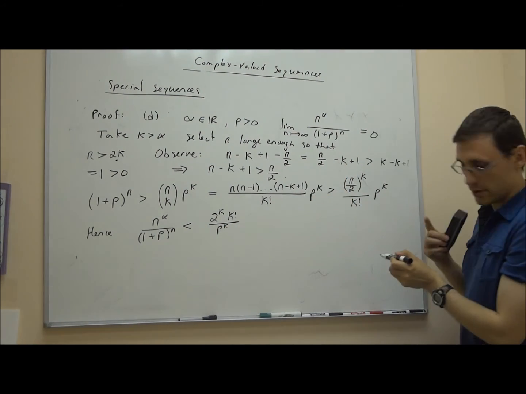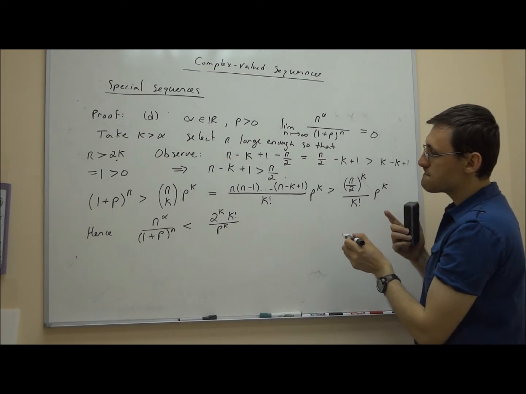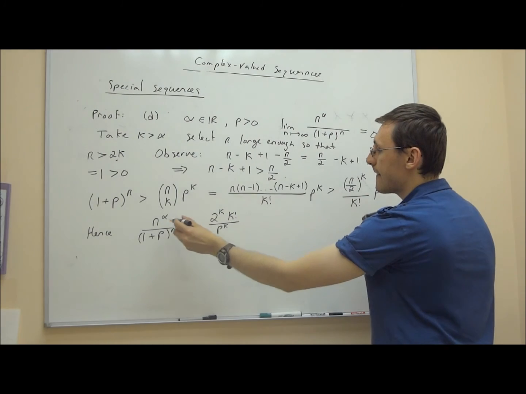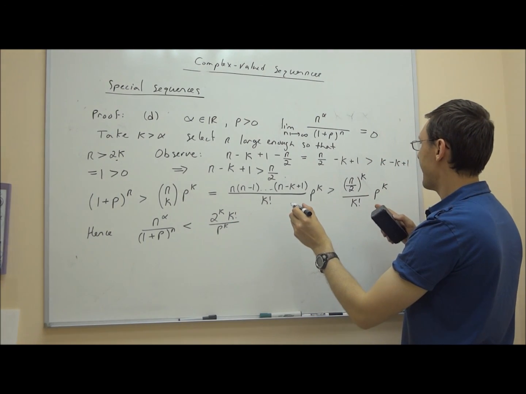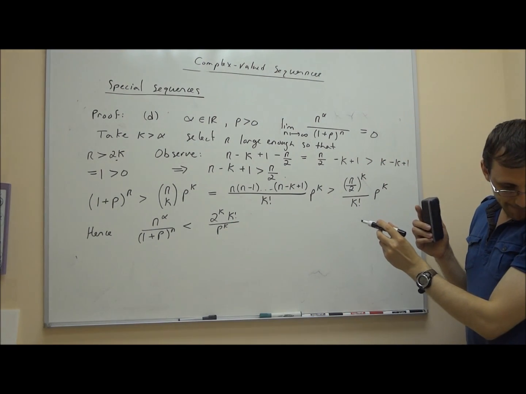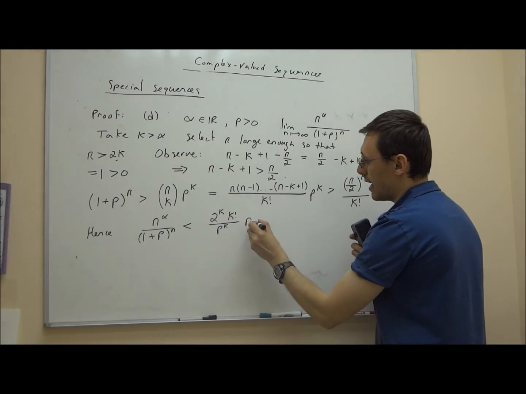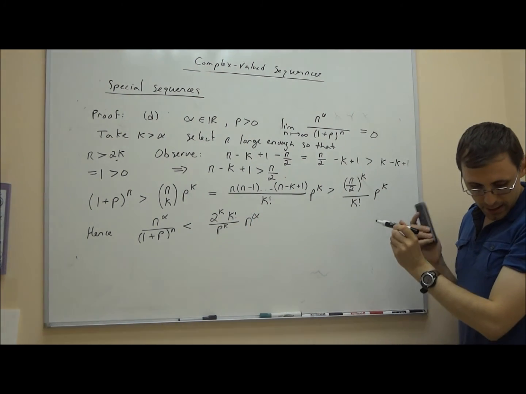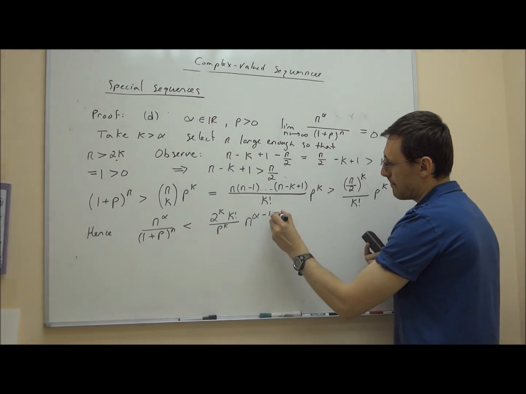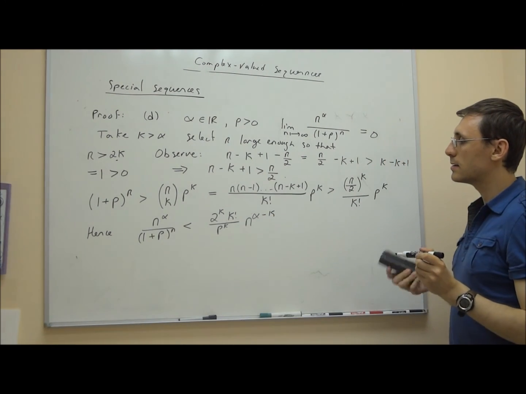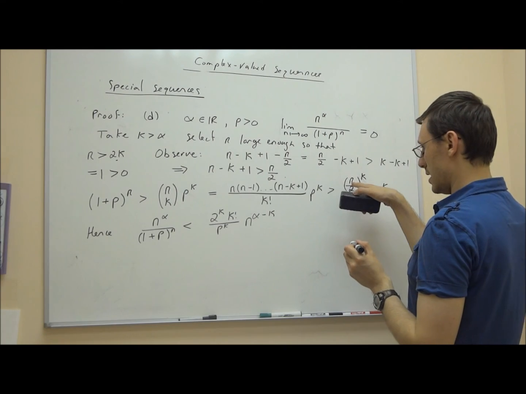So just take this thing and reverse it, and multiplied by n to the power of alpha minus k. That's this n here.